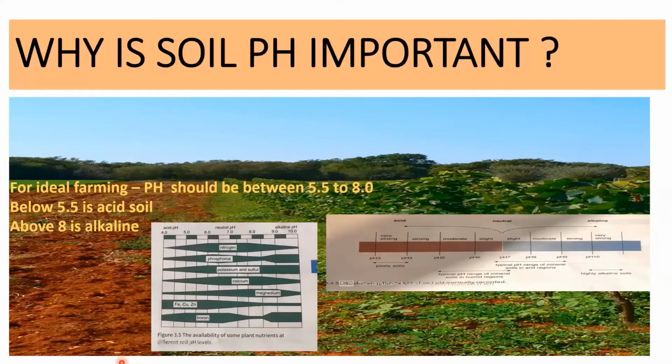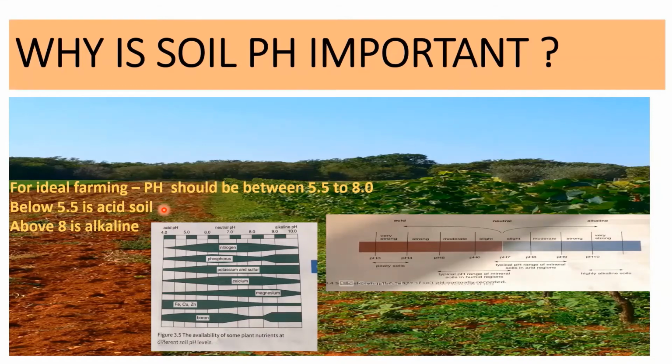Now we will learn why soil pH is important. The pH level of the soil is important for farming. The pH of the soil should be between 5.5 and 8 for ideal farming. Below 5.5 is acid soil, which restricts root access to water and nutrients.